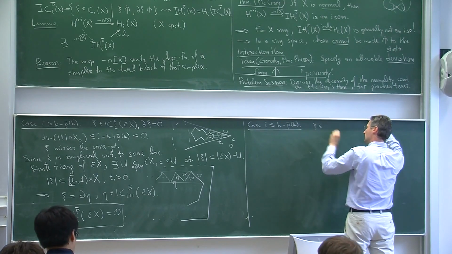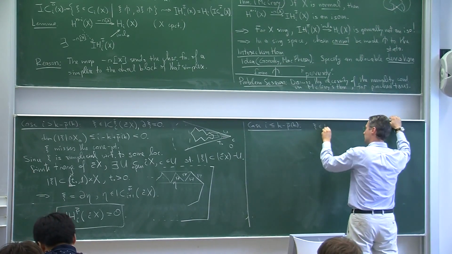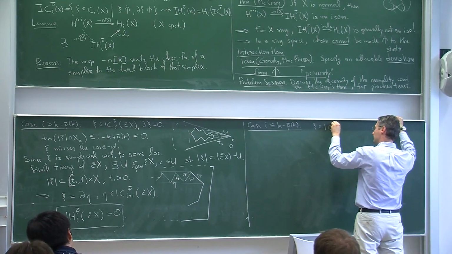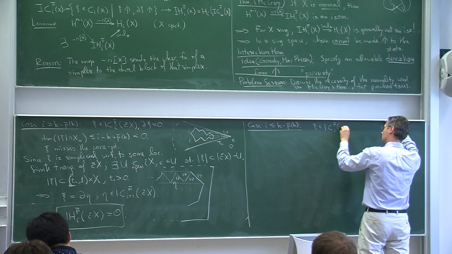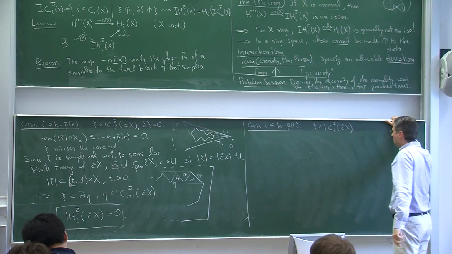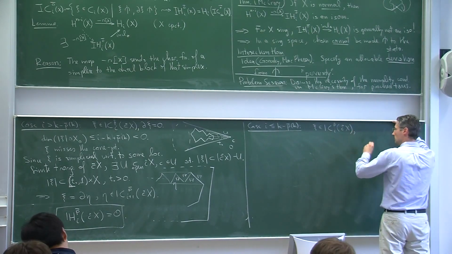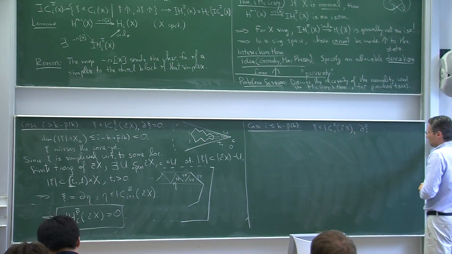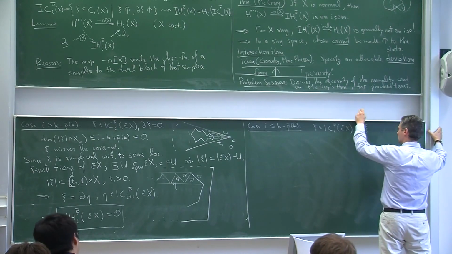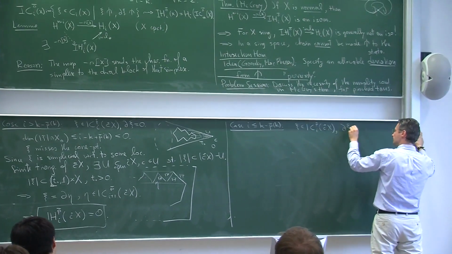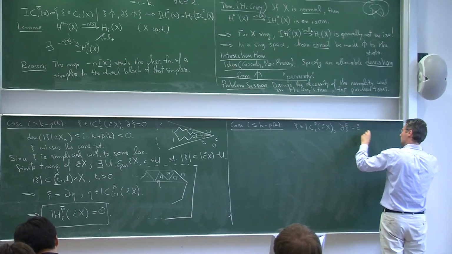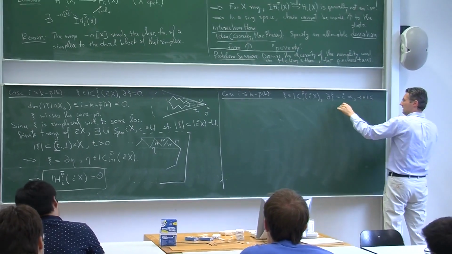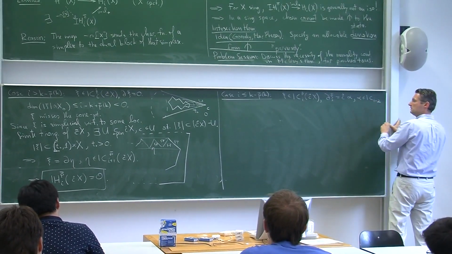So I take again some intersection chain on the cone, and I might as well already assume that the boundary of that chain is the cone on something. Let's call that alpha. Alpha is an intersection chain, I guess in degree i minus 2.